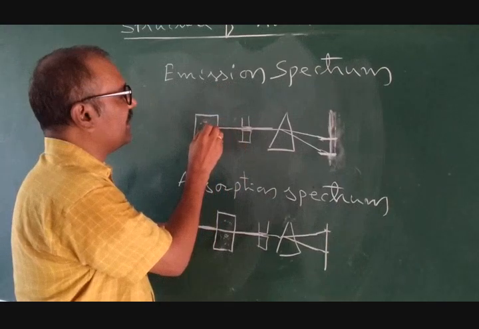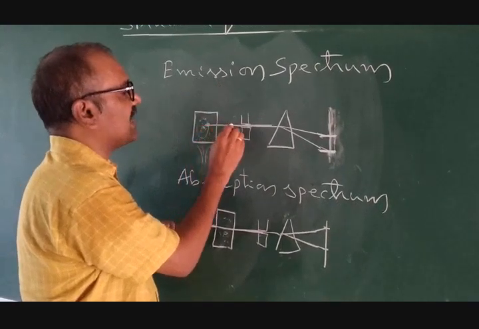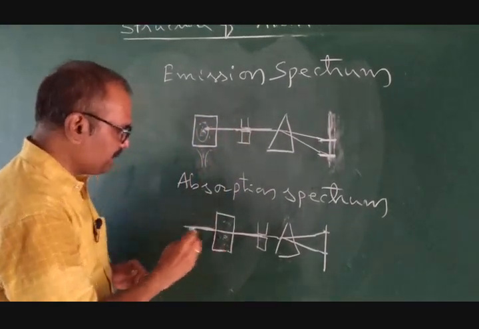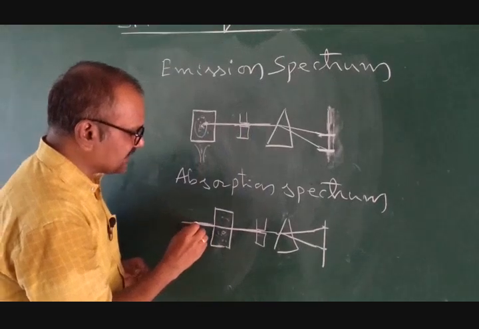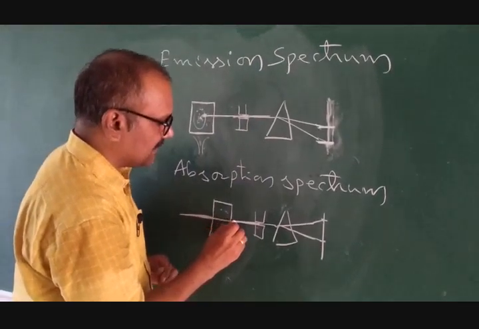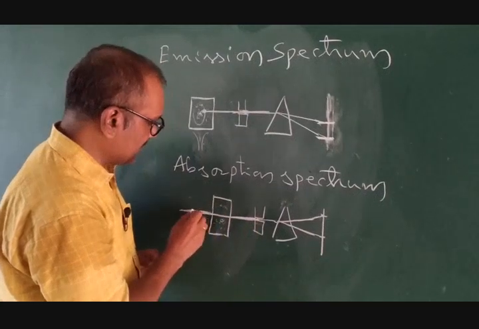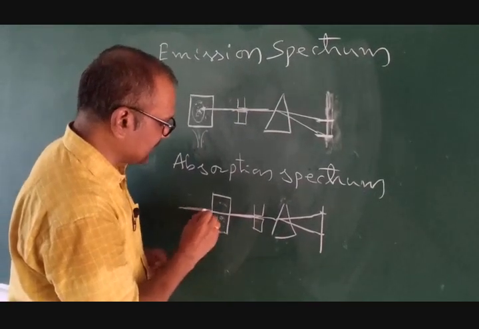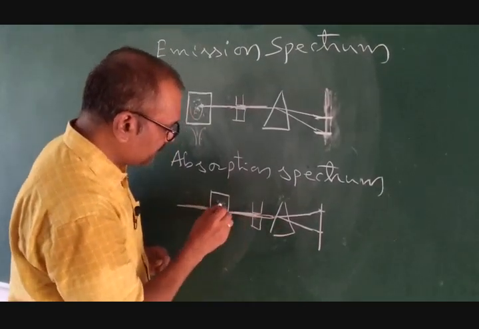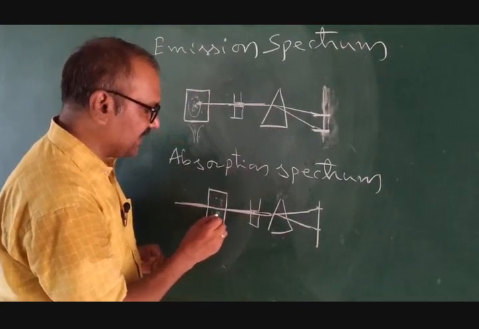That means this light is due to emission of radiations from these atoms. Whereas here, the total radiations are passed through the gaseous substance. But here what is happening?